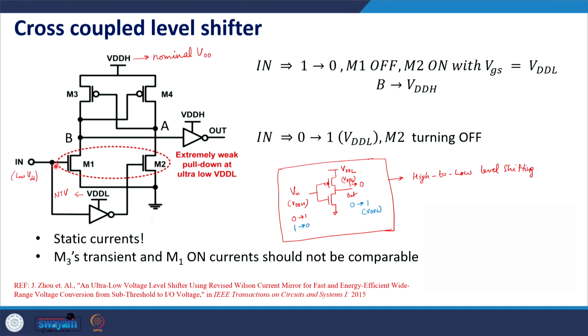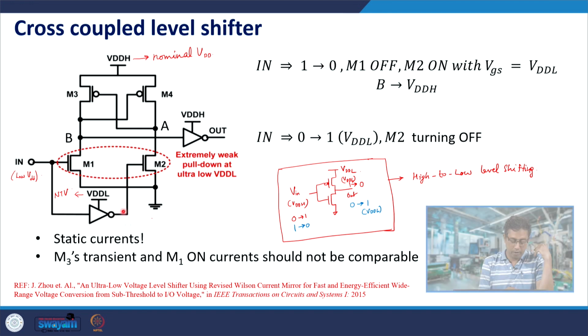Suppose the input changes from 1 to 0. Then M1 is turned off, and M2, with a little delay, is turned on. Once M2 is turned on, the voltage at node A is pulled down. But initially M1 was on, and therefore B was at a very low voltage near 0, and therefore M4 is already on.